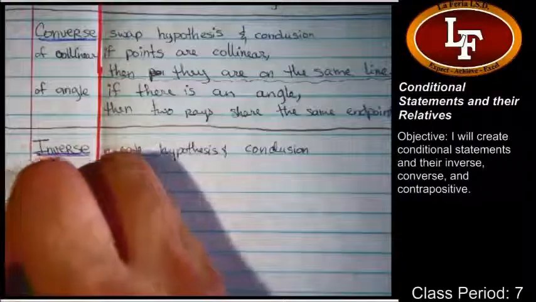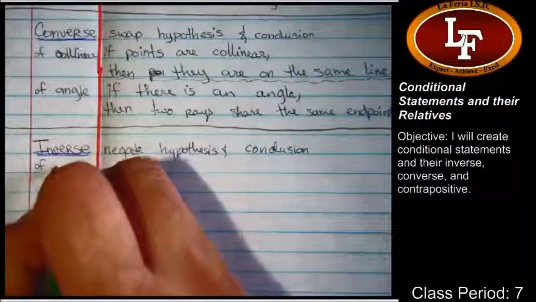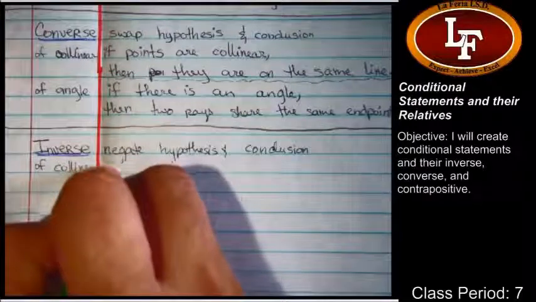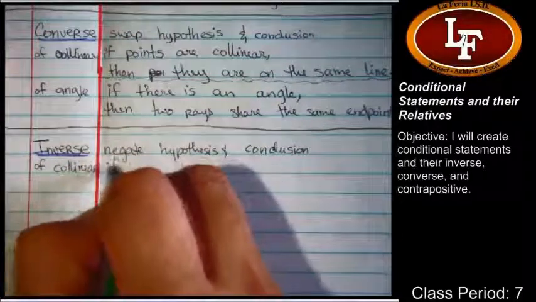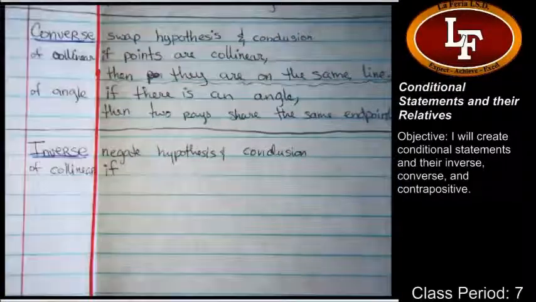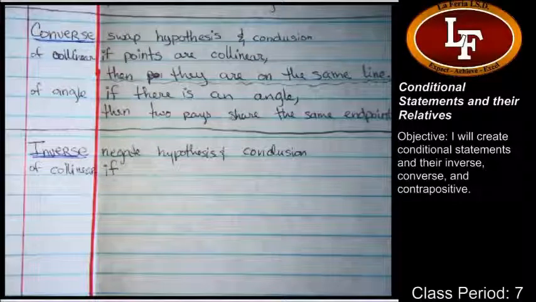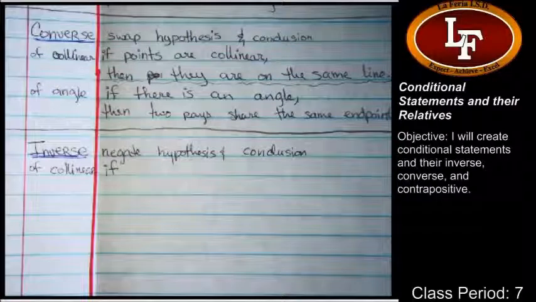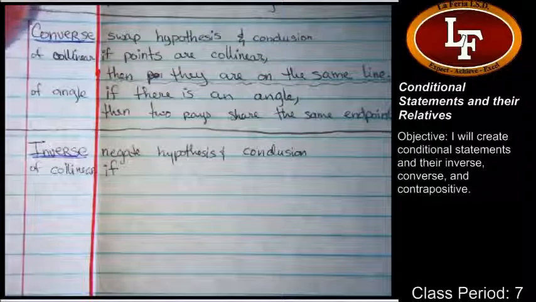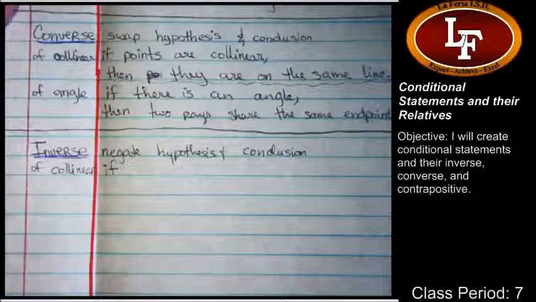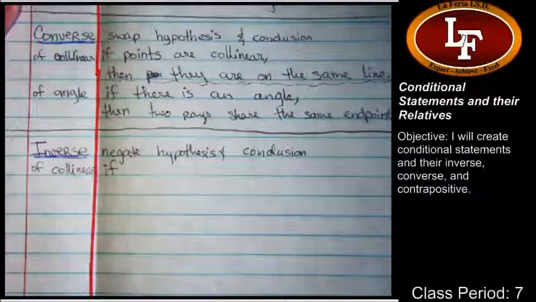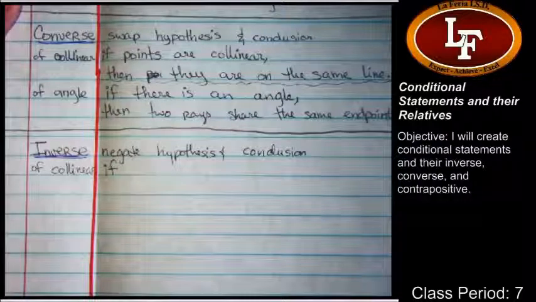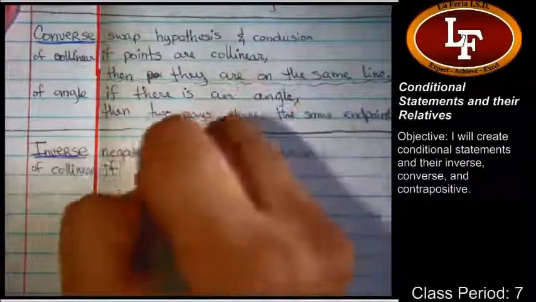So let's try doing the inverse of collinear. What was the original hypothesis for the conditional statement collinear? Points are on the same line. Negate that. Get the word not in there. Points are not on the same line.